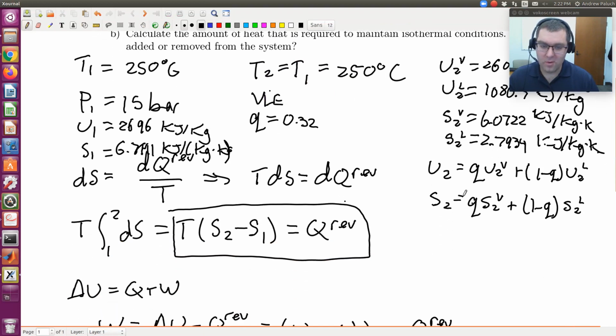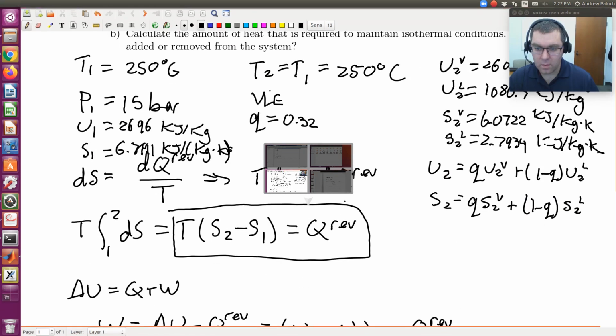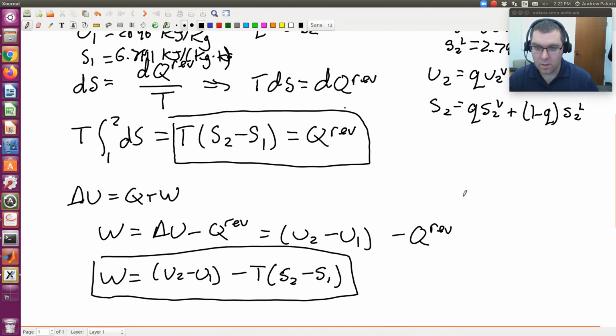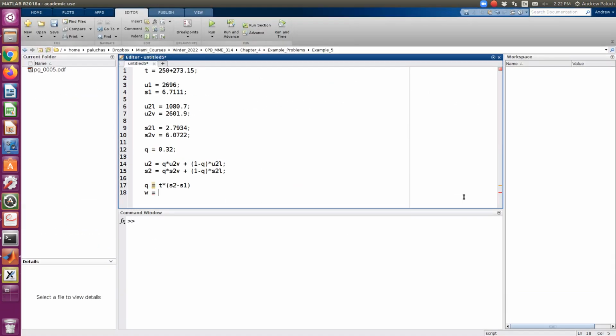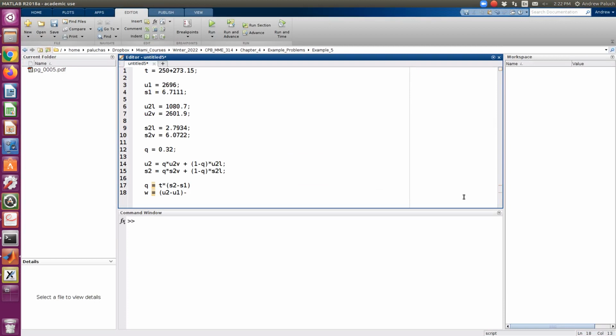Then Q is going to be equal to T, which is in Kelvin, times S2 minus S1, and W is going to be U2 minus U1, minus Q.